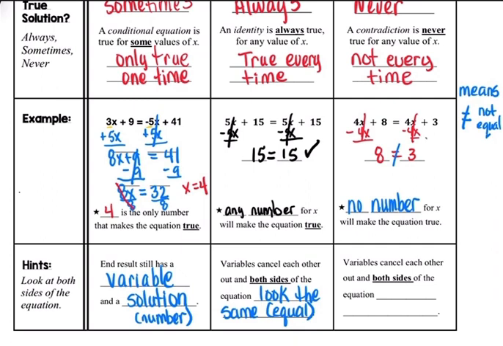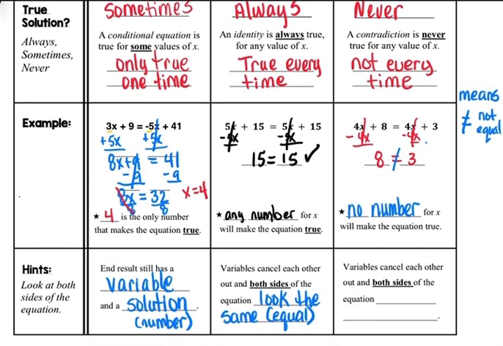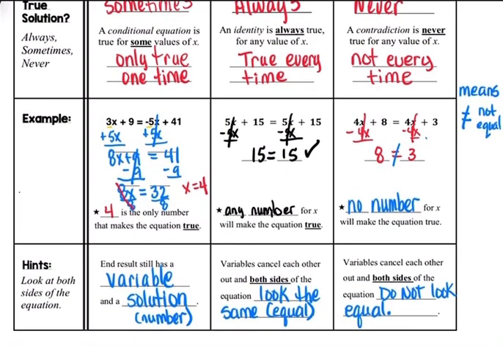If you have no solutions, the variable will cancel each other out, and both sides of the equation will look how? They do not look the same. Why? Because I know that they will not equal each other. The left side equation will not equal the right side.